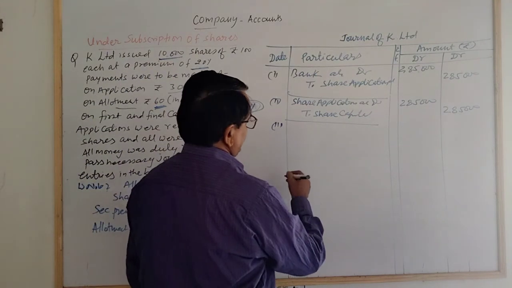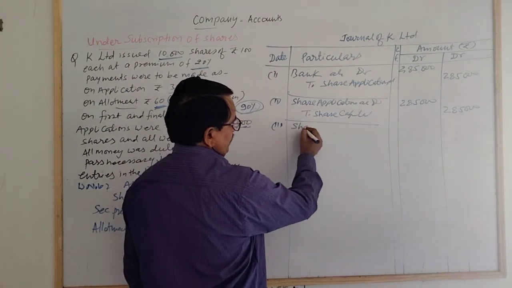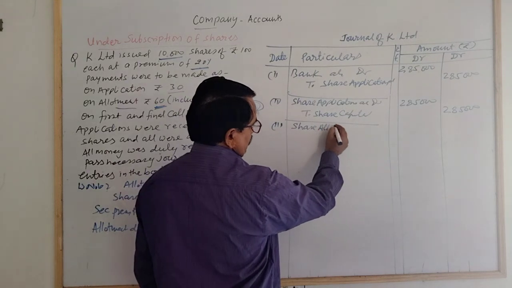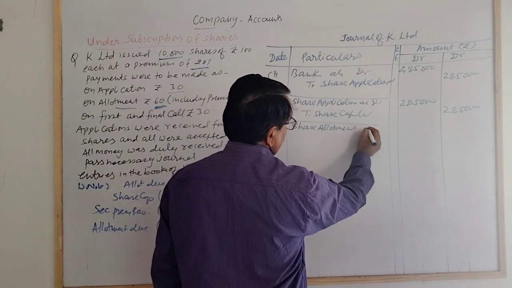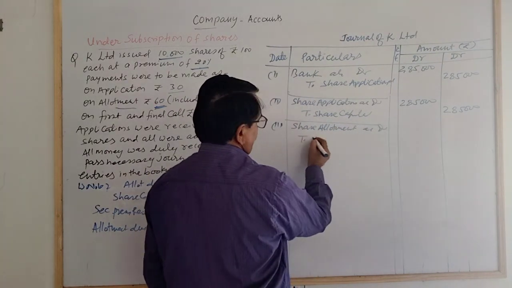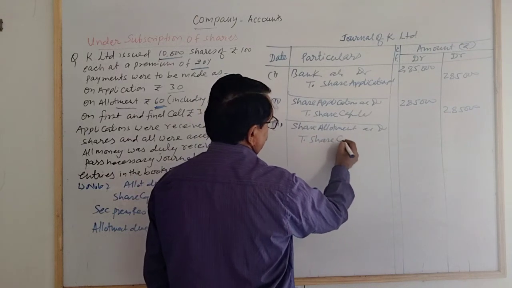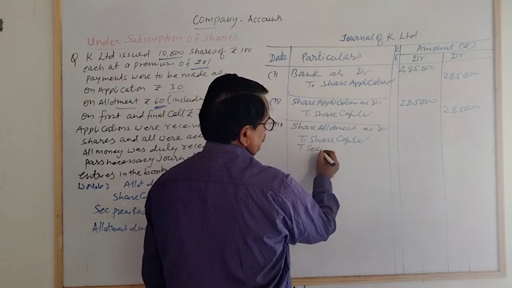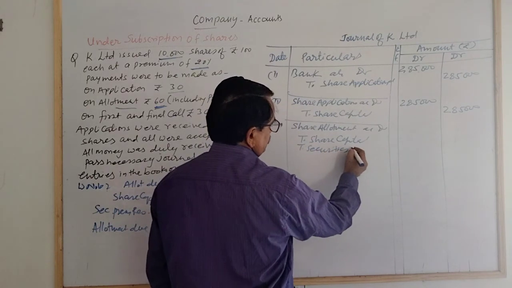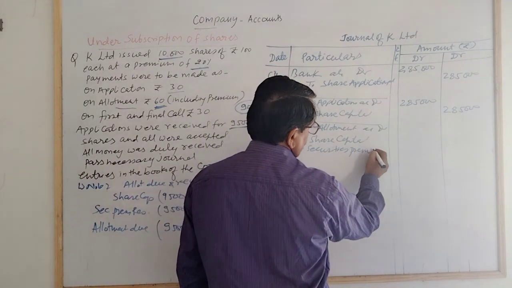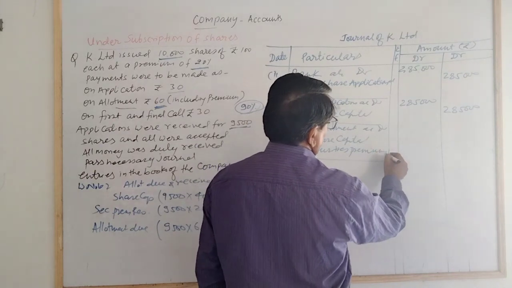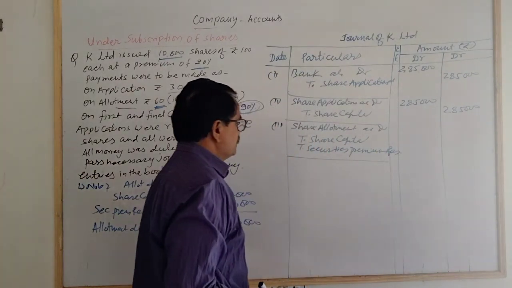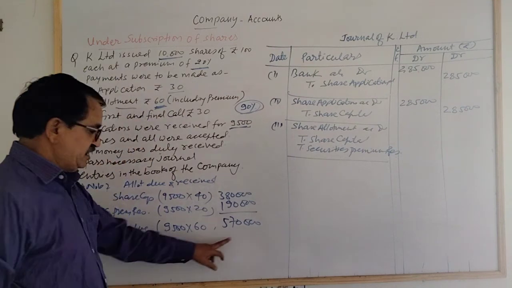Here we can write the entry: share allotment account debit to share capital, to securities premium reserve. How much allotment money are we making due?